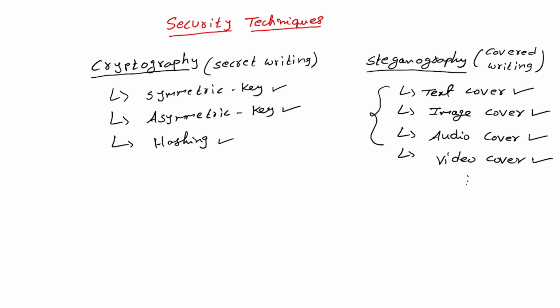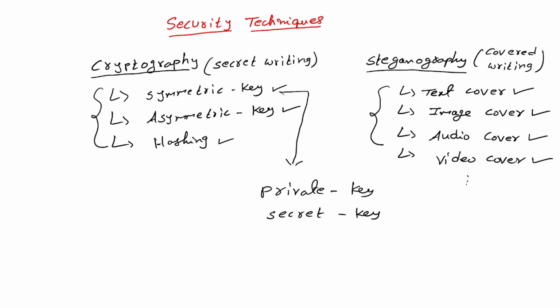We are going to discuss in detail symmetric cryptography, asymmetric cryptography, and hashing algorithm. Symmetric cryptography is also called private key cryptography, private key encipherment, or secret key encipherment.